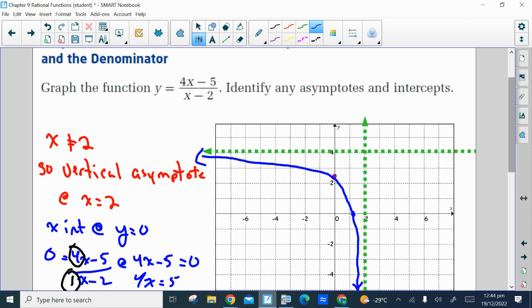We also want to have some idea of what the other piece of the graph looks like in the top right-hand quadrant. So if we wanted to, we could just find a couple points by choosing any values of x that are greater than 2, because the line x equals 2 is our vertical asymptote. So to the right of that, the values of x are larger than 2.